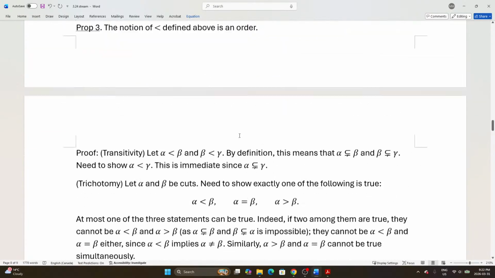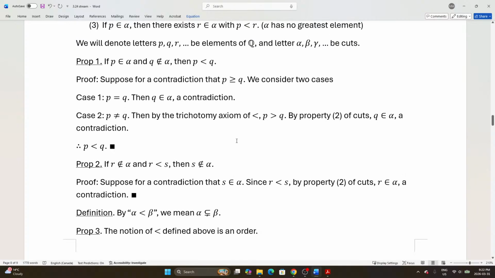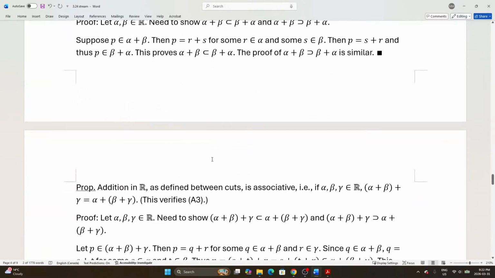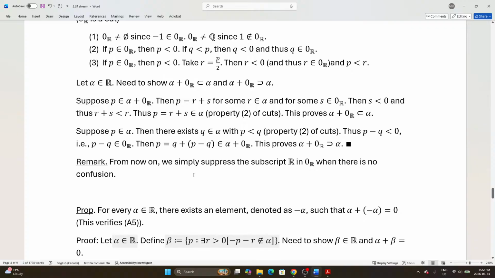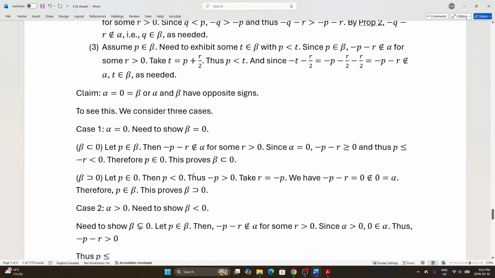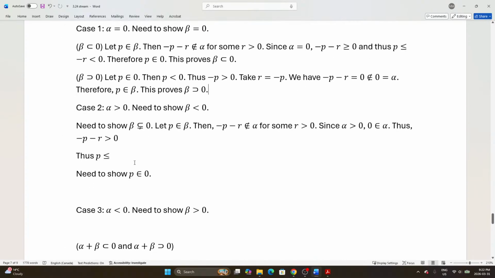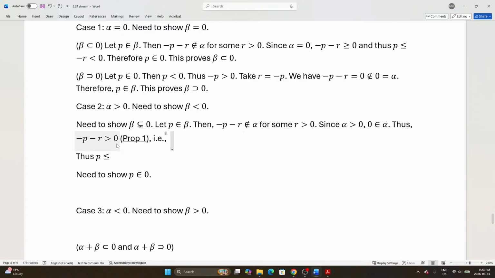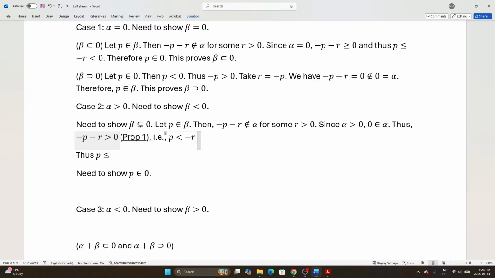Going back, proposition 1, I think. Yes, proposition 1. We use this property right here. Here we use proposition 1, i.e. p is less than minus r.